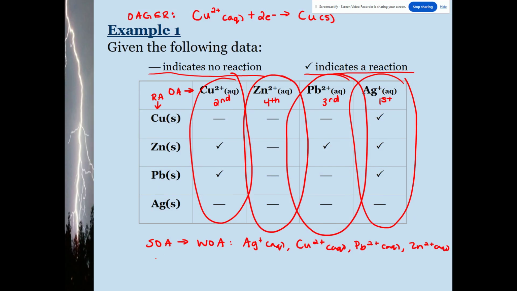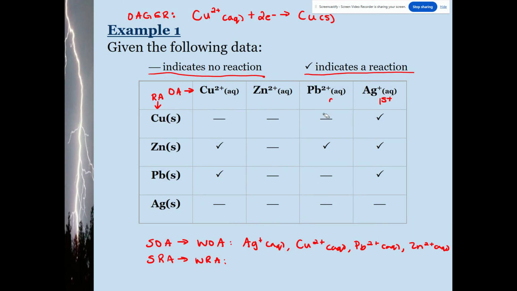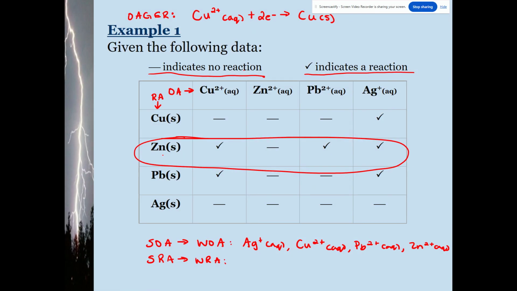Okay? Now for my reducing agents, the question on the next slide also wants the reducing agents from strongest to weakest. Okay? So my reducing agents now are the solid atom forms of our elements. The one that reacts the most is zinc. Zinc reacts with 3 of the metals, obviously everything but itself.